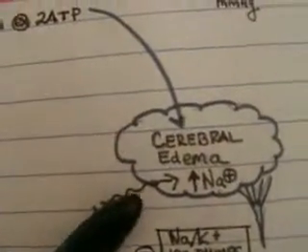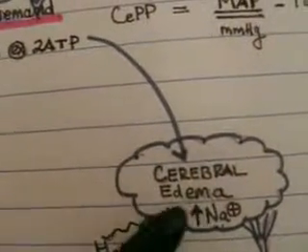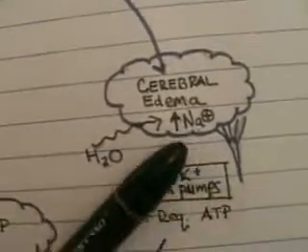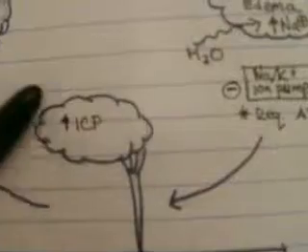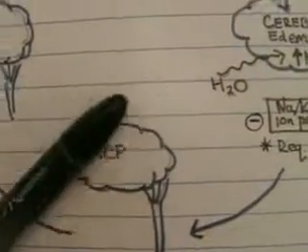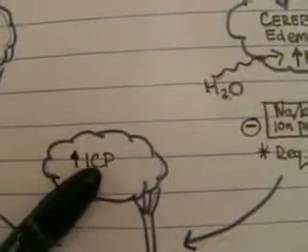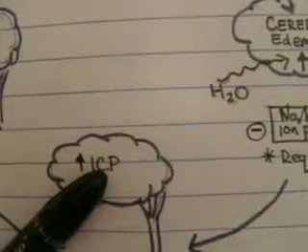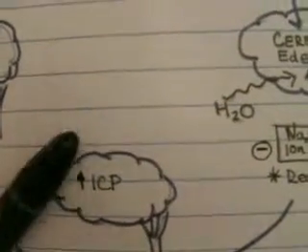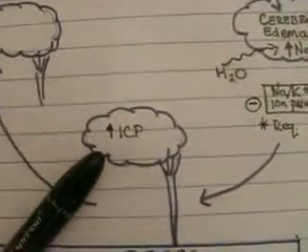Water begins to follow the oncotic pressure that takes place with the increasing sodium intracellular concentrations. And with the cerebral edema, it generally tends to increase the intracranial pressure because the cranial vault is a fixed rigid container, and as the volume of cellular swelling increases, the cranial vault becomes a tighter and tighter space, and the intracranial pressure begins to increase.